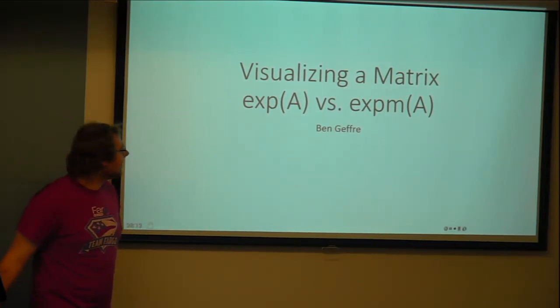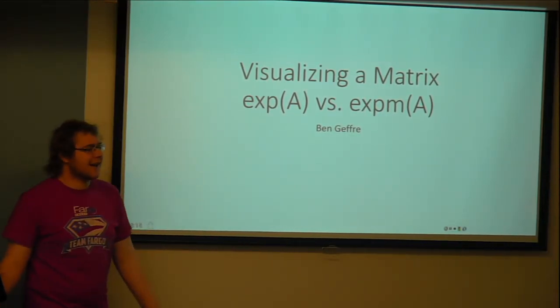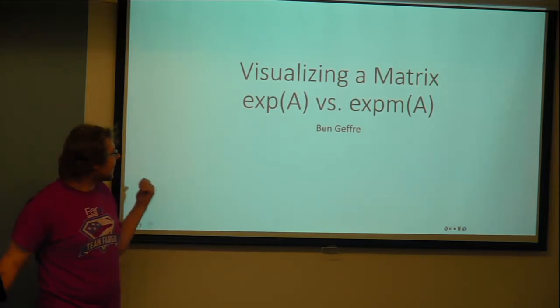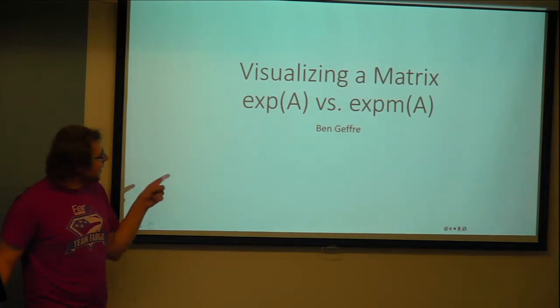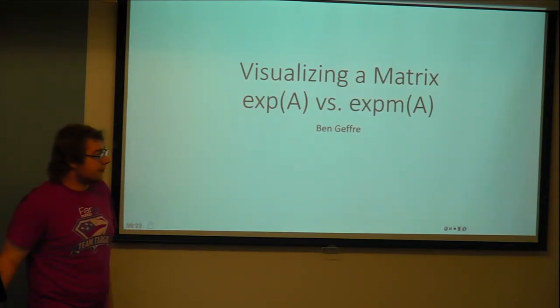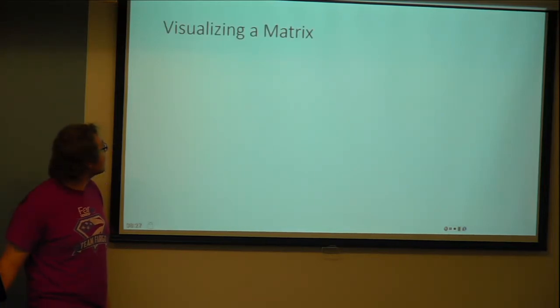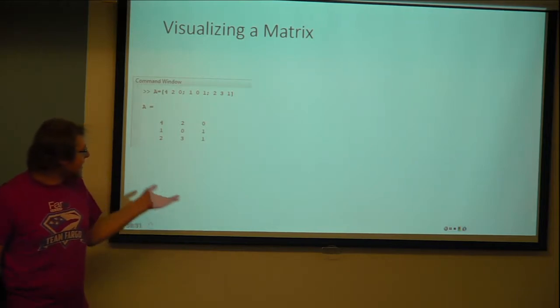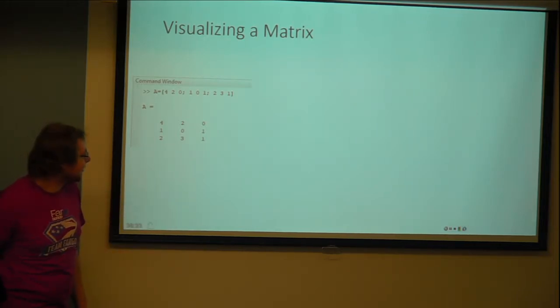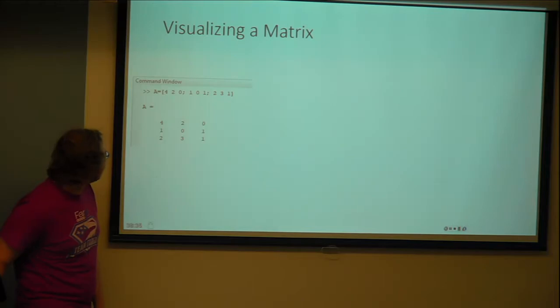Very short. So, visualization of a matrix and the difference in MATLAB between the exponential of a matrix and the matrix exponential of a matrix. So, visualizing a matrix. Here I have my sample matrix that I will use for all 4 examples.